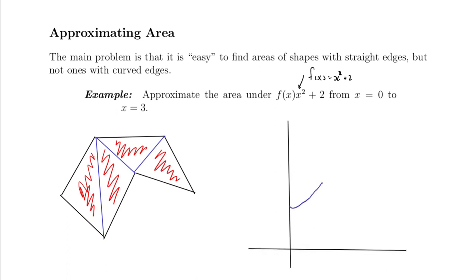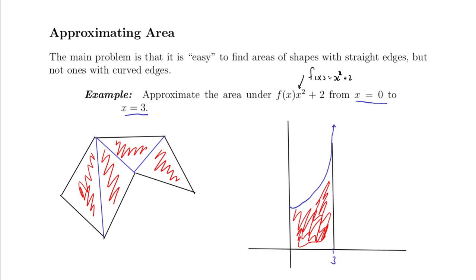It's shifted upwards. I'm only going to draw this portion of it because I'm just looking between x equals 0 and x equals 3. Let's just call this x equals 3. So if I draw my straight line going up, the area that I'm looking at now is this area right here. And this is a harder area to evaluate because of this curved parabola edge.